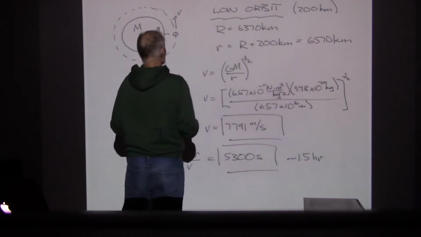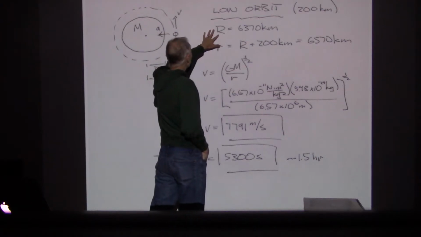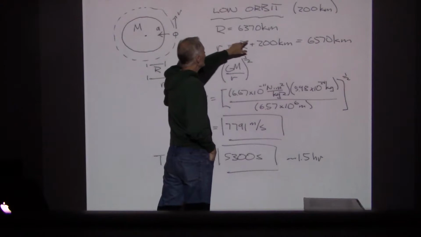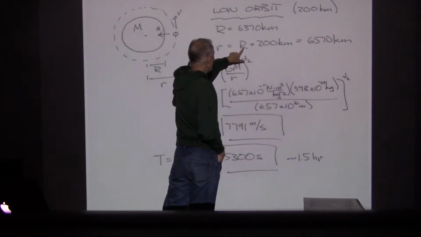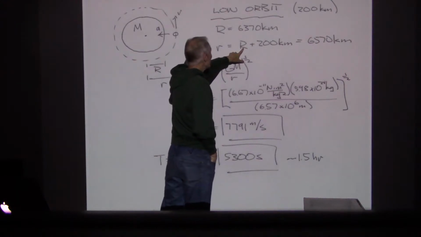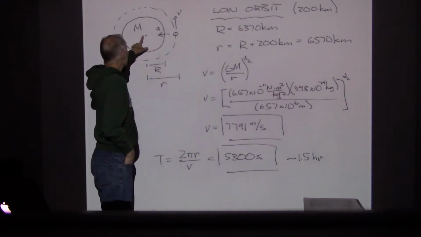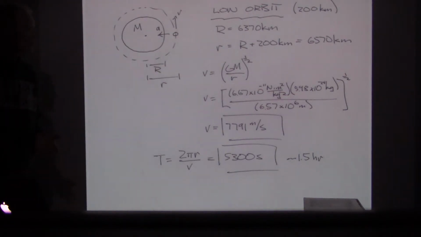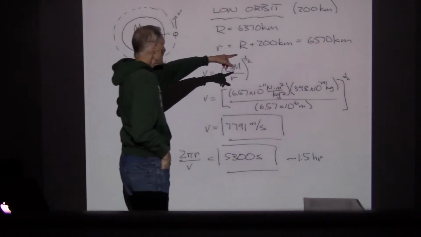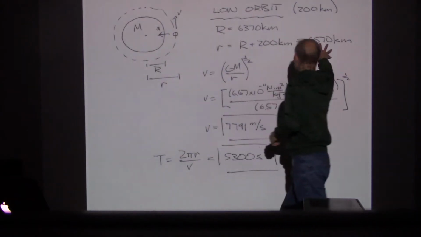So now, if we use the radius of the Earth as 6,370 kilometers, and that's a really low orbit, let's add that on to the radius of the Earth. That would say that compared with the center of the Earth, we're at 6,570 kilometers. So that's the radius that we want to work from.